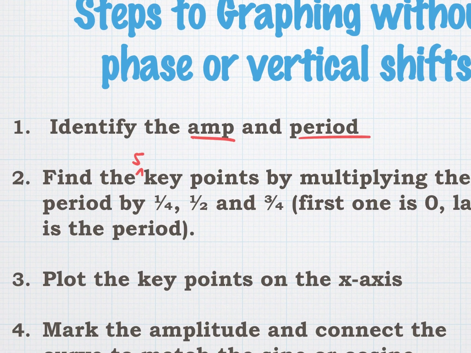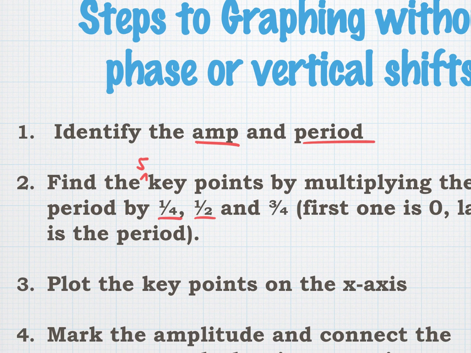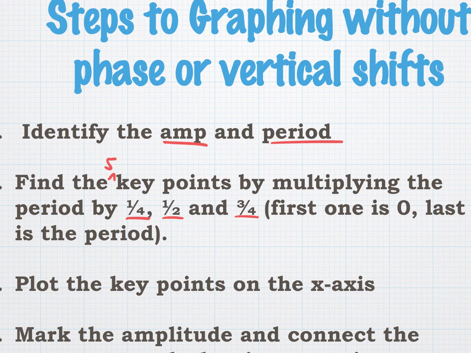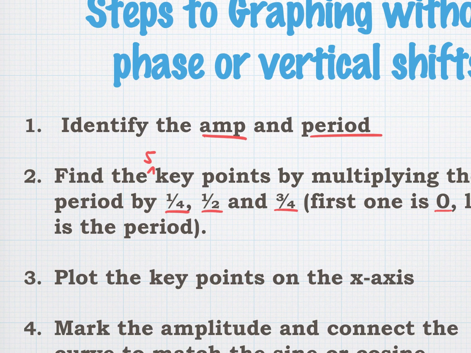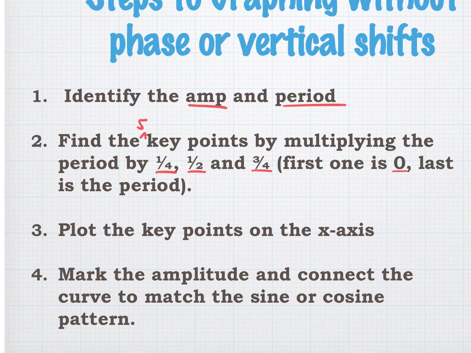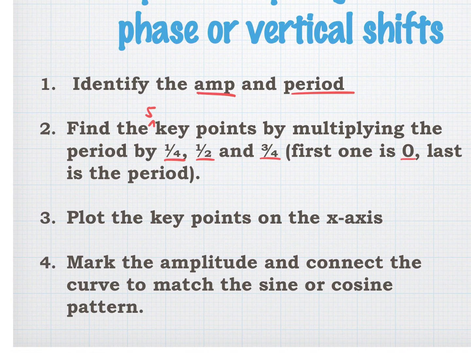And you're going to multiply by 1/4, 1/2, 3/4. The first number is always going to be 0, and the last one is always going to be the period. These key points you're going to label on the x-axis. And you're going to mark the amplitude, and then you're going to connect the dots that you just drew to get a sine or cosine pattern.